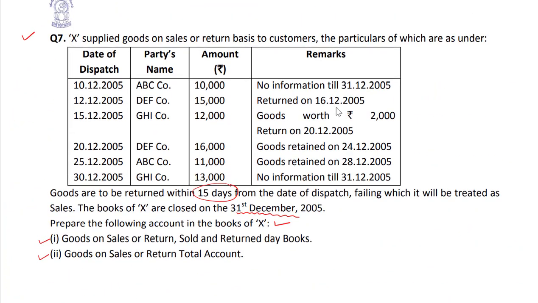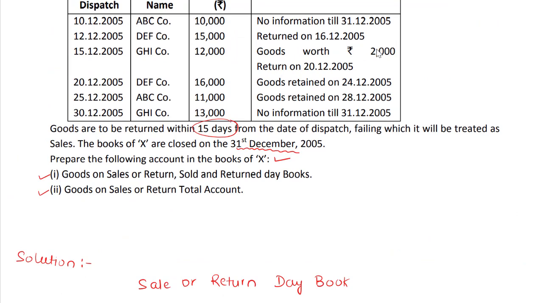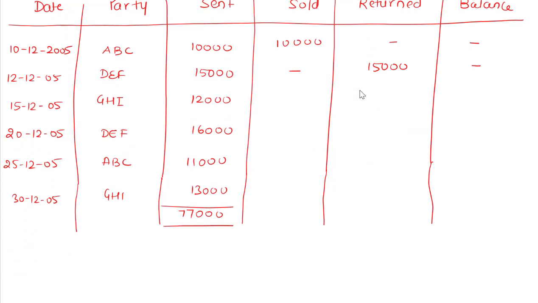Next, returned on 16/12/2005, the goods are returned, so the balance is nil here also. Third, goods worth 2,000 returned on 20/12. Return is 2,000 and no information is there for the rest, so 10,000 would be treated as sales.